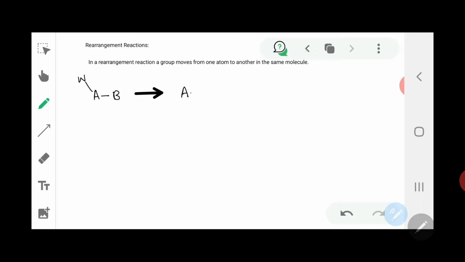Here W is our migrating group which migrates from A to B.